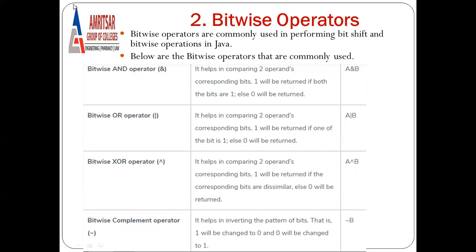For example, operand A containing 1010. It can be 1 bit, 2 bits, or 3 bits as per our requirement. I'm explaining here an example of 4 bits.